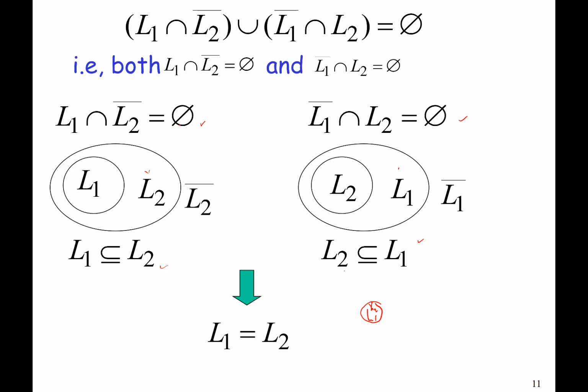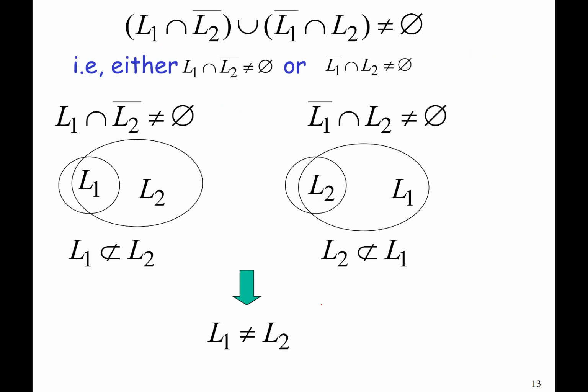If both L1 intersection L2 bar and L1 bar intersection L2 are empty, then the two languages are equal. Otherwise, if L1 and L2 have at least one string that is not in common, then obviously L1 is not a subset of L2 or L2 is not a subset of L1, and definitely L1 is not equal to L2.